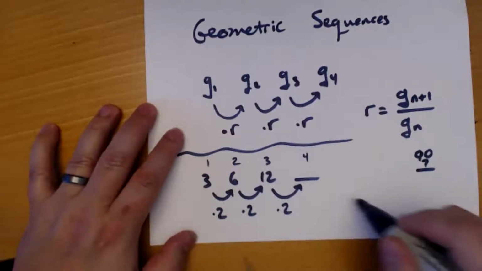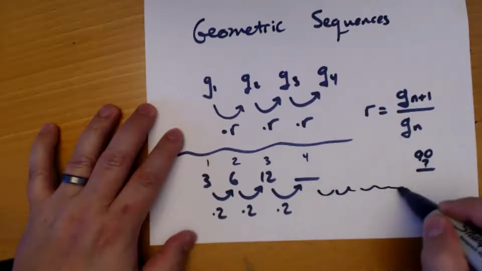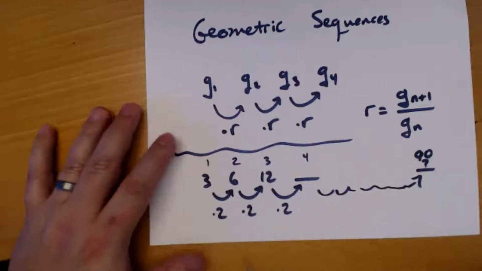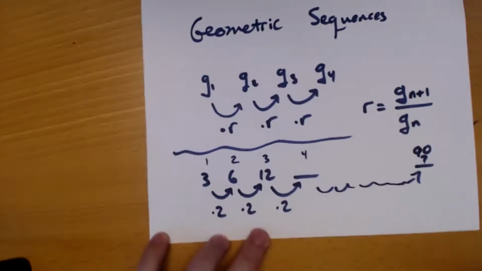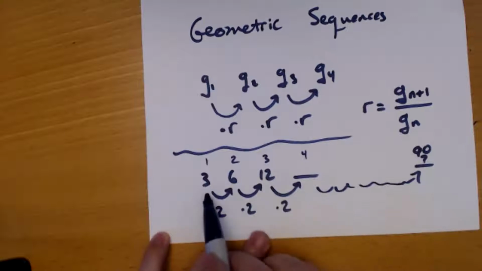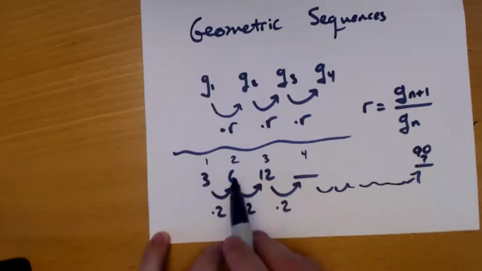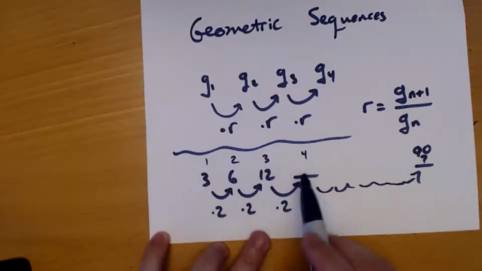How many 2's are you going to use in order to get to the 90th term? 89. Why 89? Just because it's always one less. Because you have your starting term. I don't need a 2 to make this guy, but I need a 2 to make him, and a 2 to make him, and a 2 to make him.